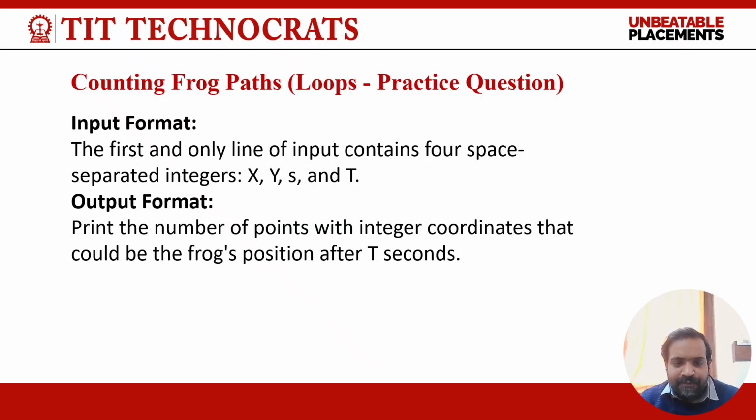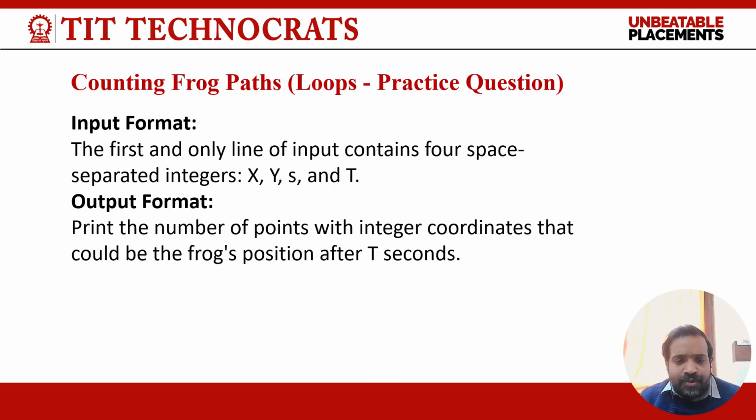We will have four inputs in this problem: x, y, s, t. x represents the x-axis coordinate, y represents the y-axis coordinate, s represents the side of the square, and t represents the total time after which we have to calculate the total points where the frog can be.